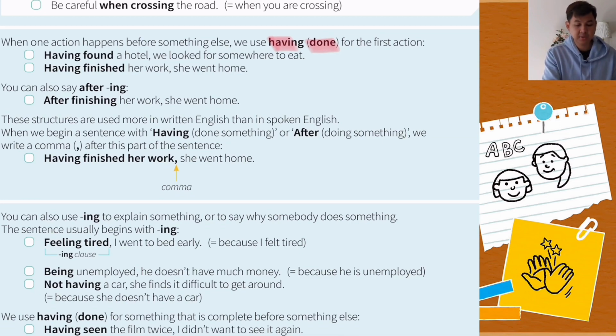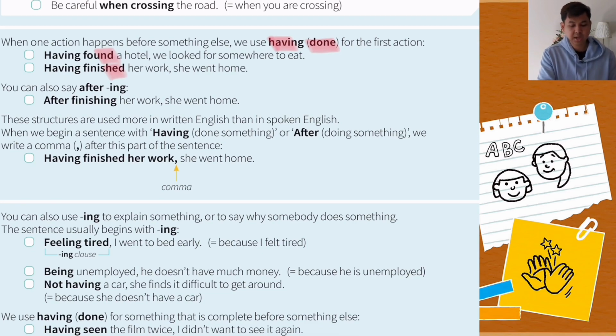You see, found is verb 3. Finished is verb 3 or past participle. You can also say after plus ing, like the previous unit that we learned together. After finishing her work, she went home. So you have two possibilities now, having finished her work or after finishing her work.